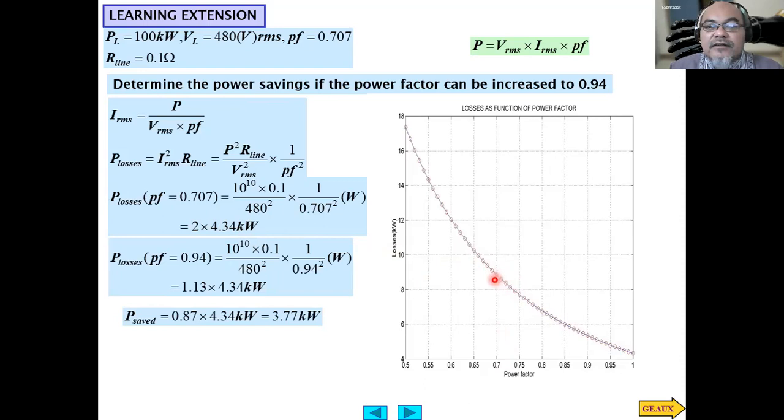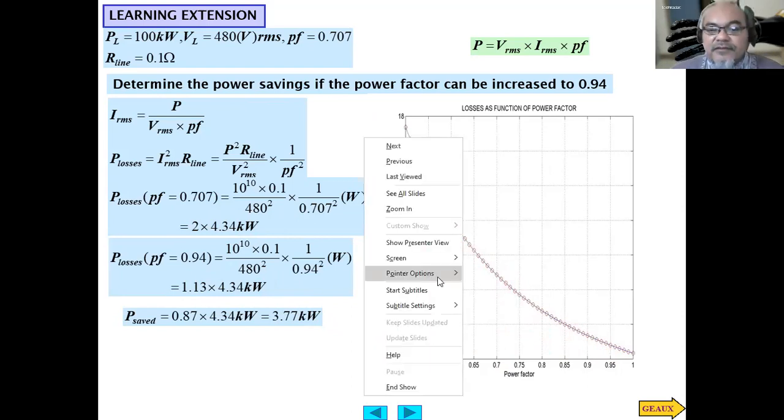When we increase the power factor to 0.94, the power loss is only 3.77. This one, 1.13 times 4.34 kilowatt, so around somewhere here, 4 point something kilowatt. So here we see how significant the power saving is.